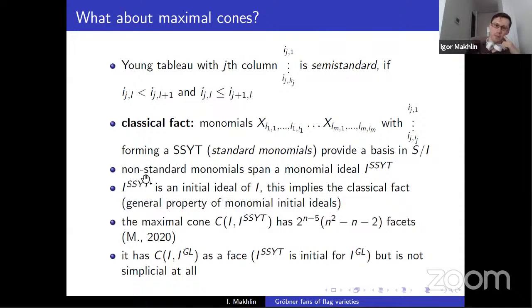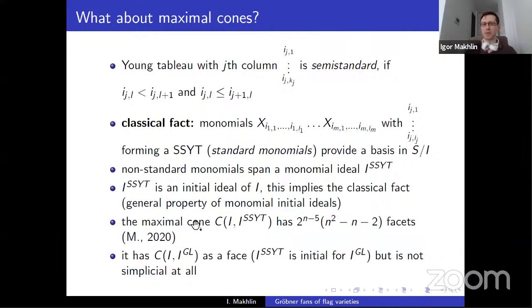And it turns out that you can show that this monomial ideal is an initial ideal of the Plücker ideal. And this implies this classical fact, because always when we have an ideal and an initial monomial ideal, it is always true that the monomials outside the initial monomial ideal form a basis in the quotient.